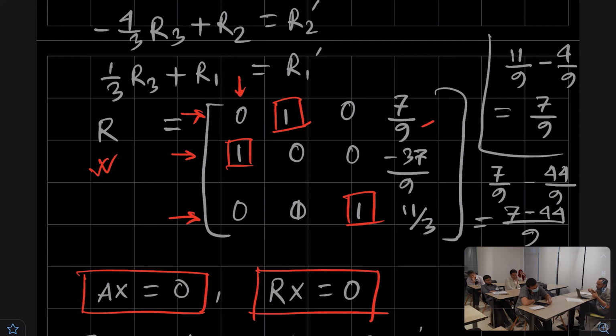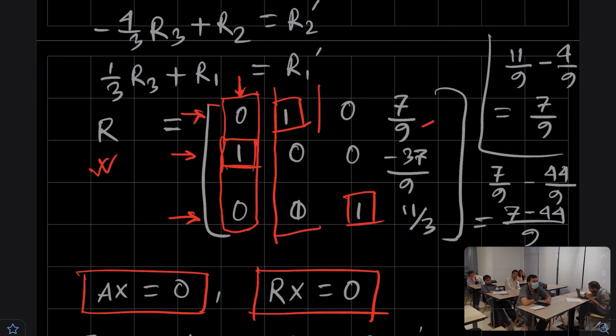When the leading 1 occurs in a row, in that column every other element is 0, only the leading one is there. Similarly, you can see this here too, right?